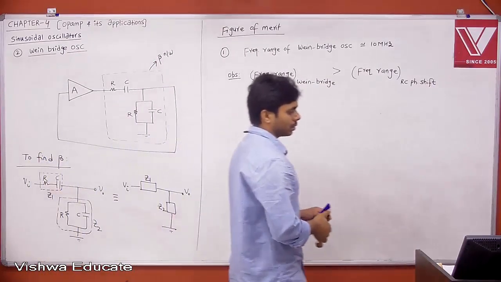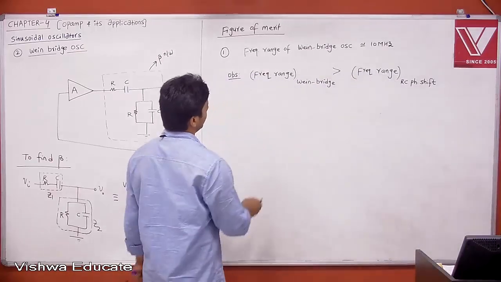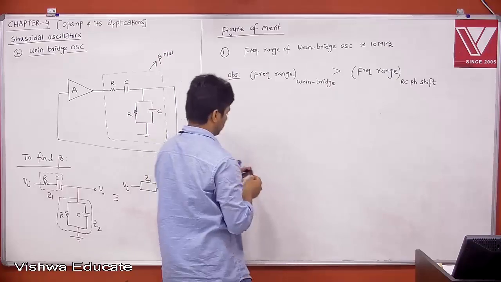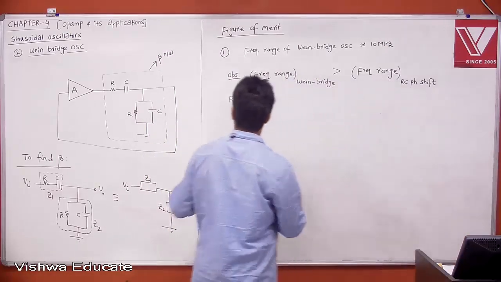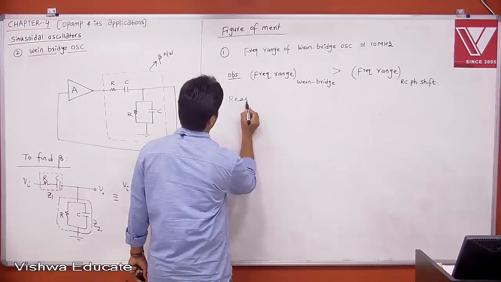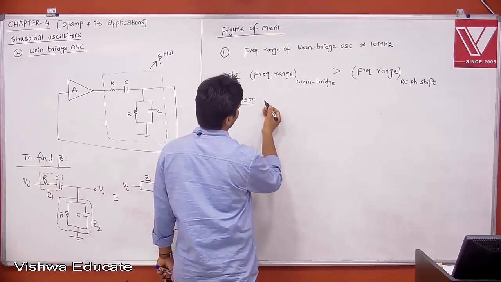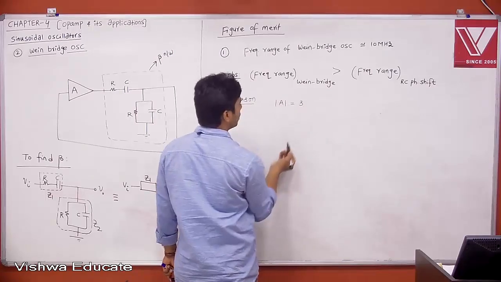What is the reason? Tell me, if you take the Wien bridge oscillator, the reason: what is your open loop gain requirement here? In the case of the Wien bridge, the open loop gain requirement is 3.